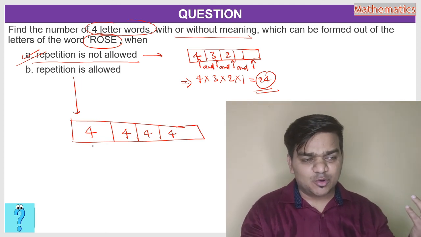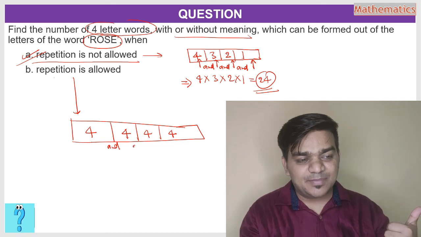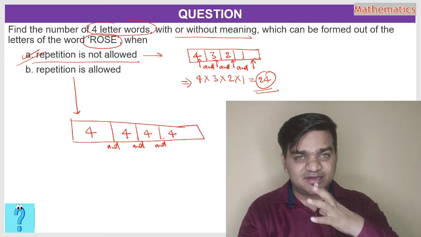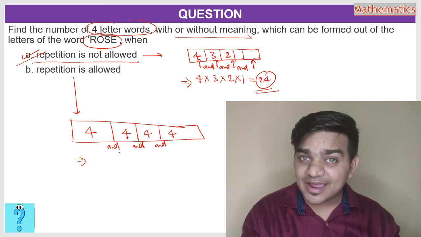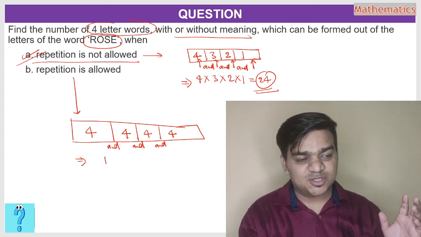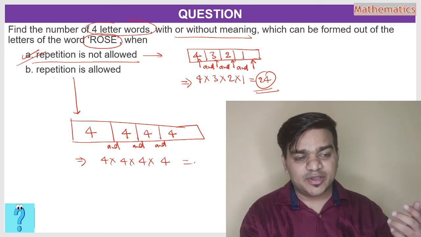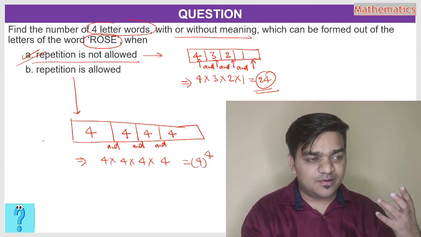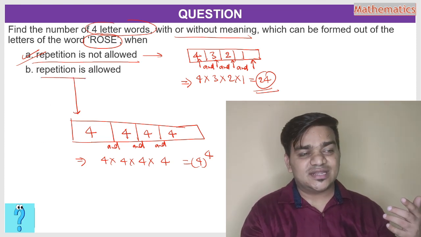We have to fill this place and this place and this place and this place. Because the AND word is there between all these steps, we will use multiplication: 4 into 4 into 4 into 4, so 4 power 4. This will be the number of four letter words such that repetition is allowed.